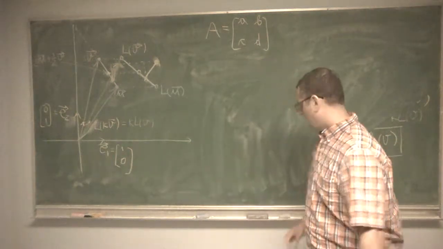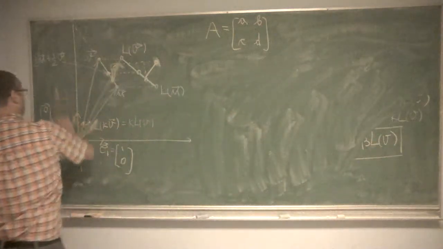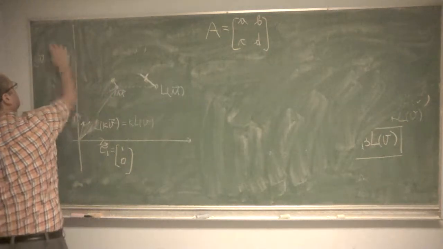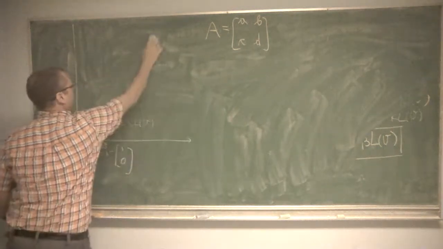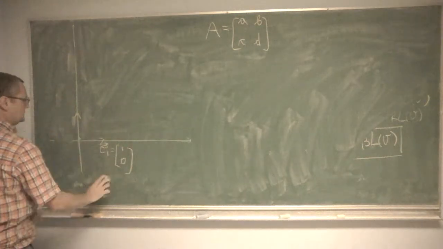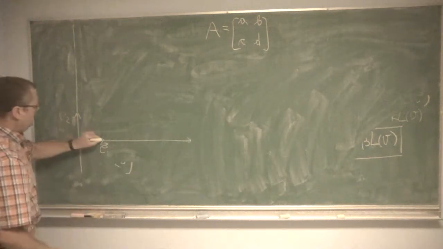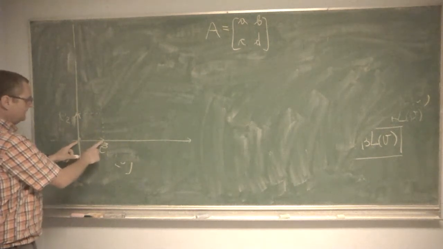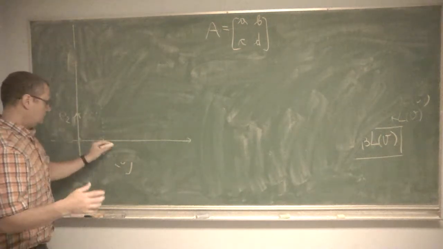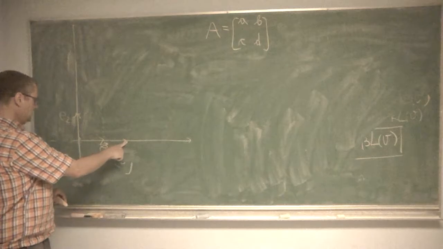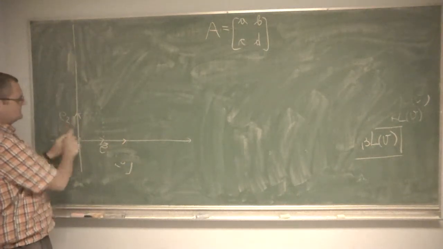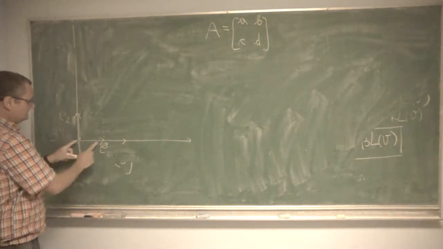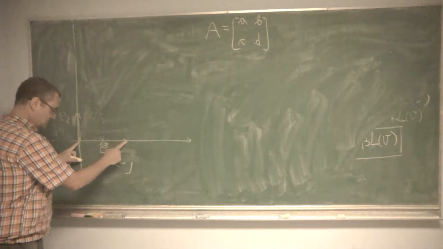By what factor? Well, it's not difficult to see by what factor, and you can look at a unit square spanned by E1 and E2. So here is E1, here is E2. And this is a unit square over E1 and E2. So E1 under this pizza stretching or dough stretching gets mapped here, and E2 stays where it is. This line segment stays where it is. This line segment gets stretched here.